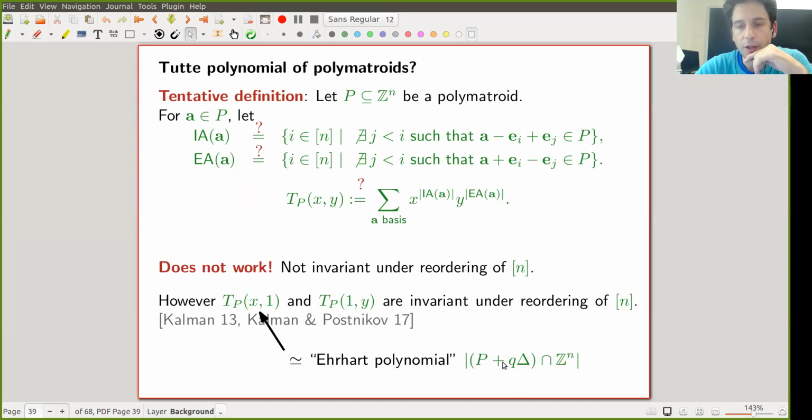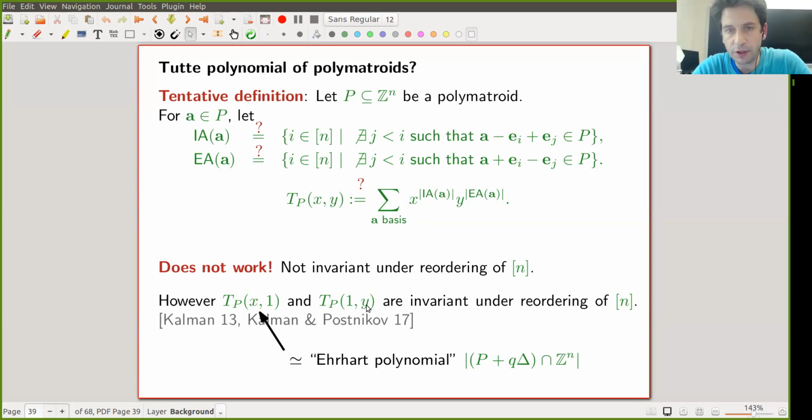They were just polynomials that were counting points in P plus Q times the Q dilation of the simplex. It's a polynomial in Q, and it contains the same information as TP of x, 1. And same thing for 1, y, but with the inverted simplex.